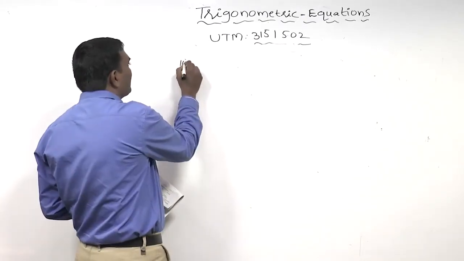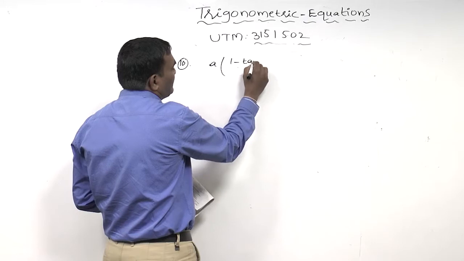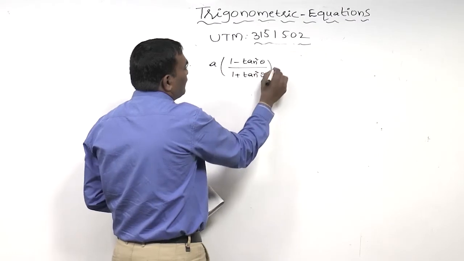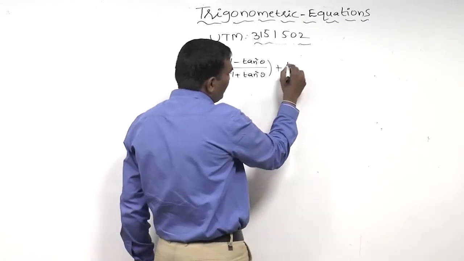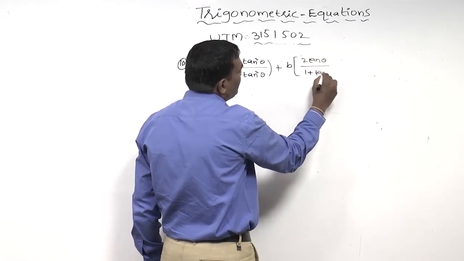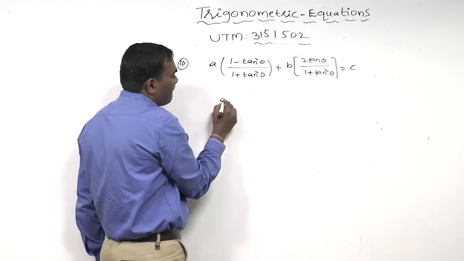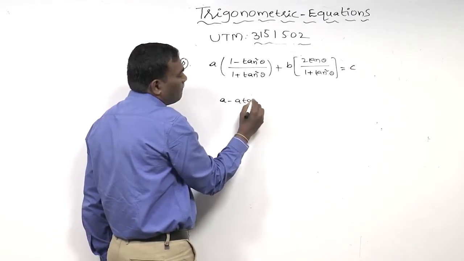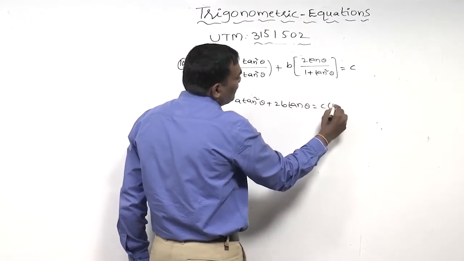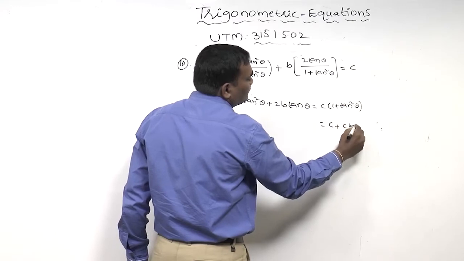Yeah, simplify. A into cos 2 theta, 1 minus tan square theta by 1 plus tan square theta, plus B into sin 2 theta, 2 tan theta by 1 plus tan square theta, is equal to C. So A minus A tan square theta plus 2B tan theta is equal to C into 1 plus tan square theta, which is equal to C plus C tan square theta.